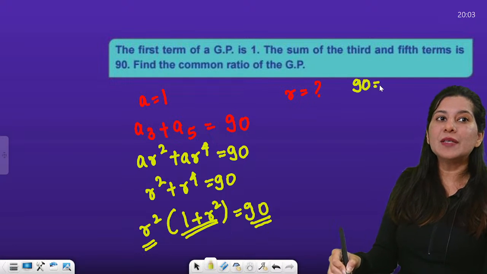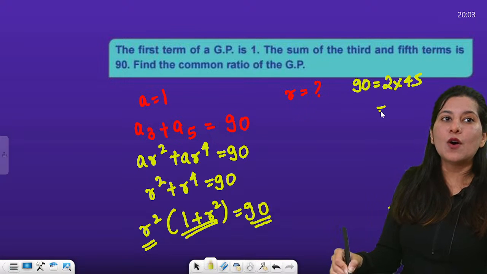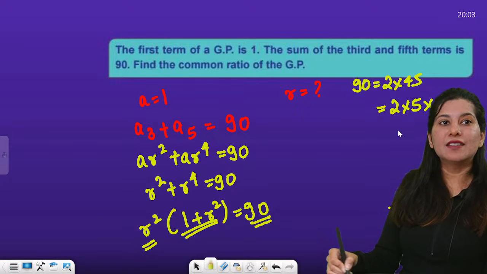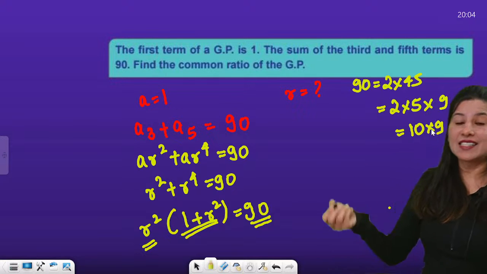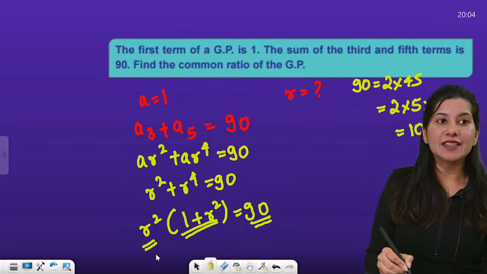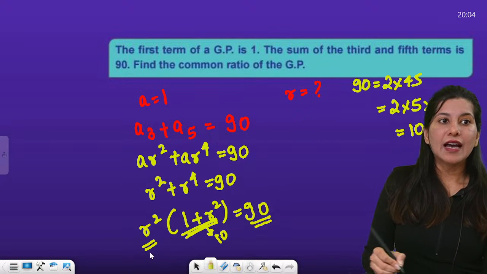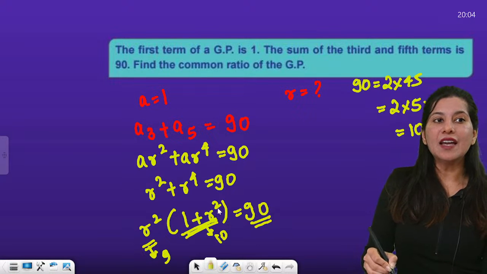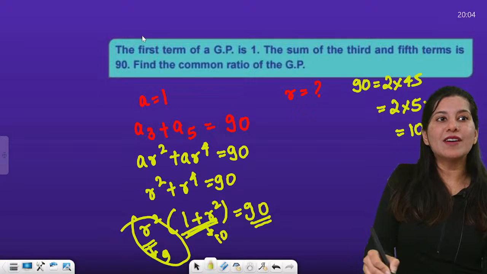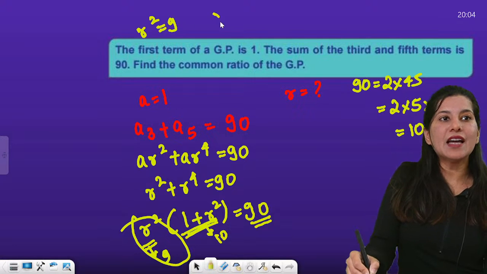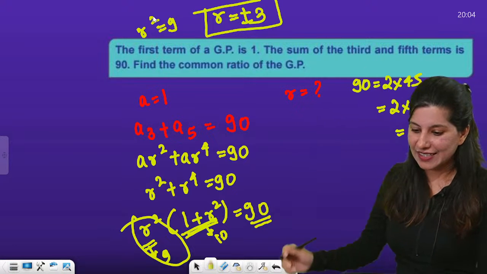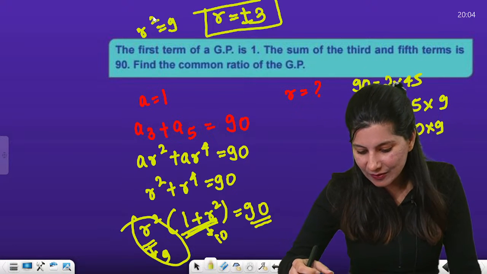What is 90? 2 into 45, or 2 into 5 into 9. So can you see 10 into 9? We don't have to solve it. Clearly this is your 10 and this R square is your 9, and 9 plus 1 is 10. That means the value of R square is 9, so R is plus minus 3. That's your answer. Interesting trick.